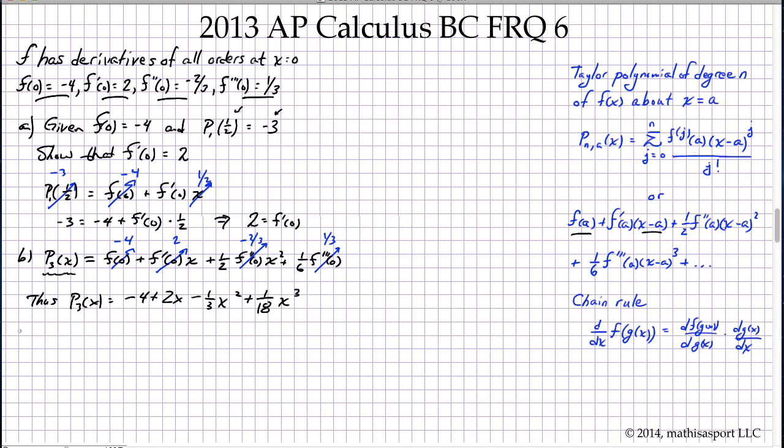Now we turn to part C. Here, they're going to give us a new function, h of x. Well, what do we know about h of x? We know that h of x is such that h prime of x equals f of 2x. And we also know that h of 0 equals 7.